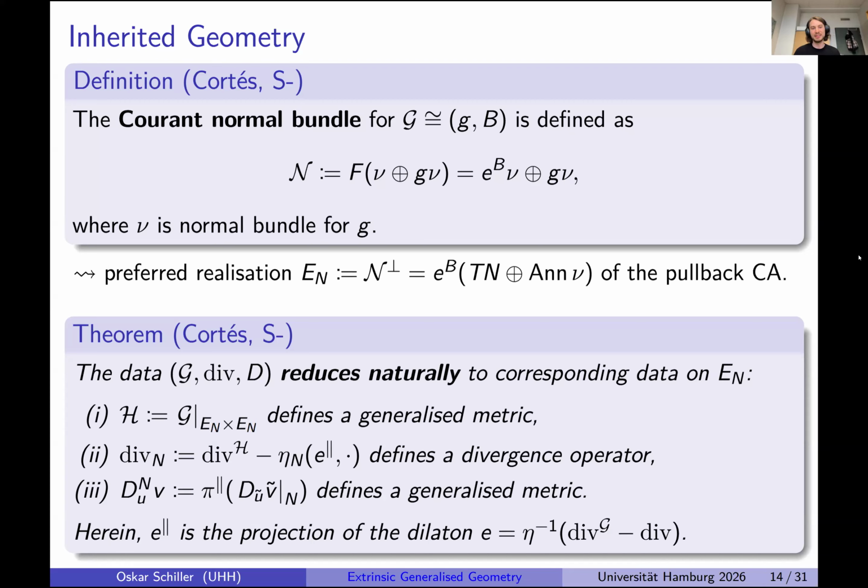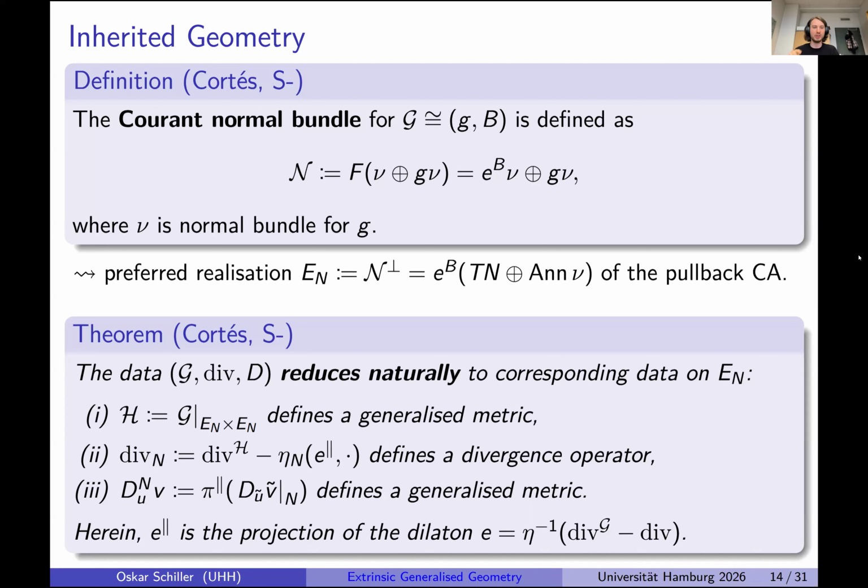This definition might appear somewhat arbitrary, but it makes sense because in the special case of exact divergence operators, you can realize divergence operators as a volume form. If you have the volume form for the divergence operator on the ambient space, you can insert the normal vector into that.